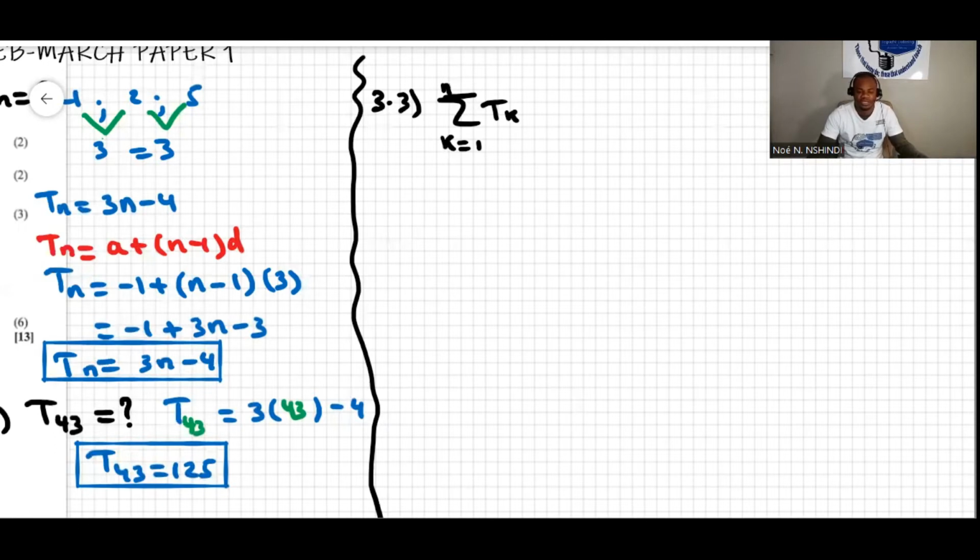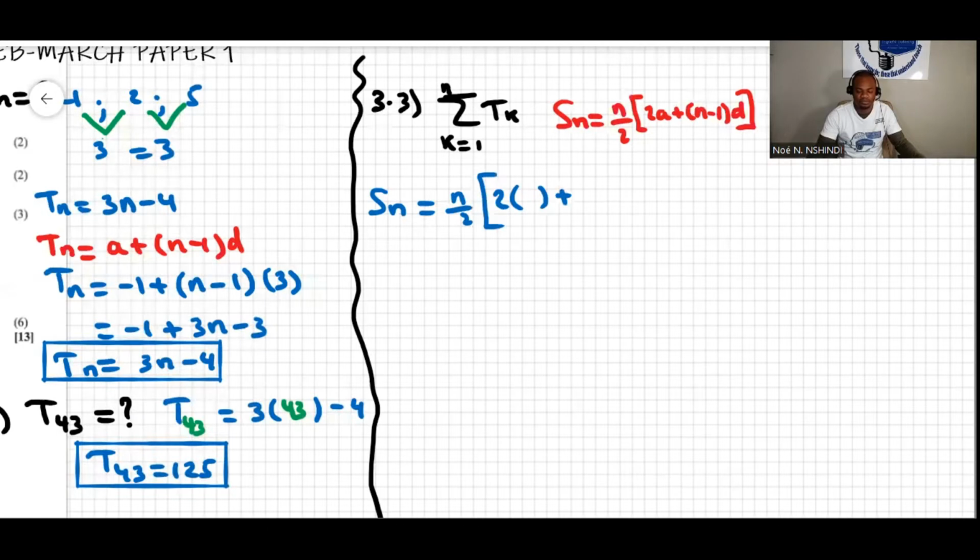So we can write the formula for the sum, which is given by Sn equal to n over 2, open square bracket, 2a plus n minus 1 times d. Okay, so now we can just substitute. Sn will be equal to n over 2 times 2a, where a is the first term, -1, plus n minus 1 times d.